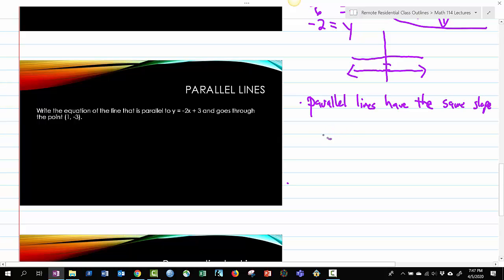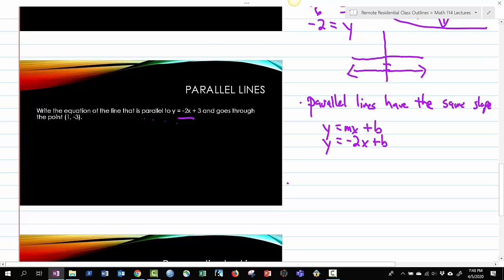Right? So we're doing our y equals mx plus b thing here. Slope-intercept form. This equation over here is also y, and it's minus 2 for the slope, right?